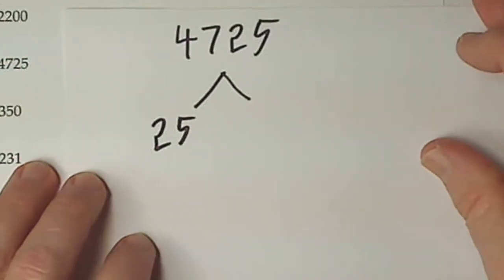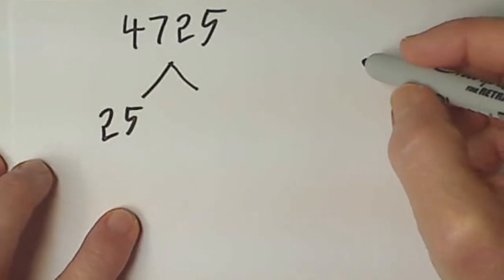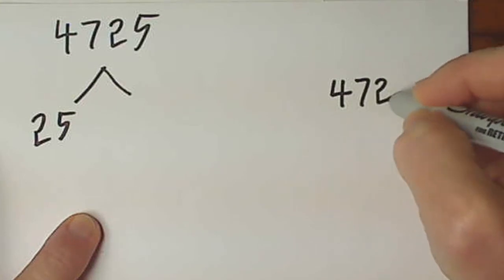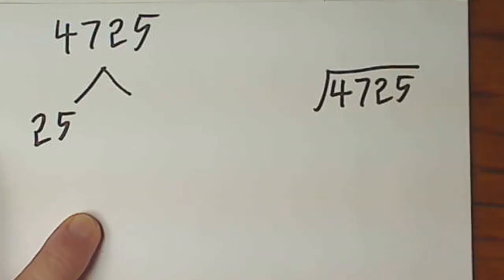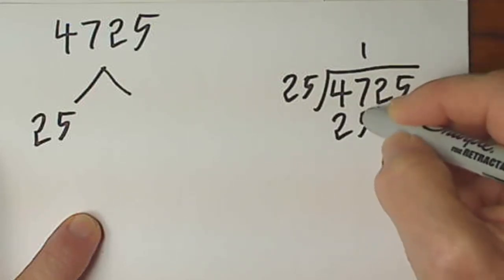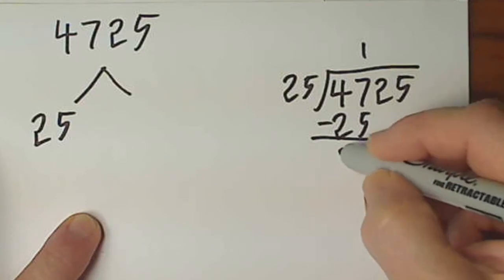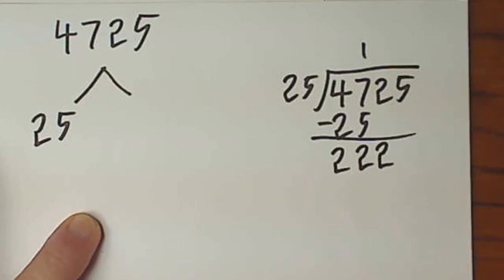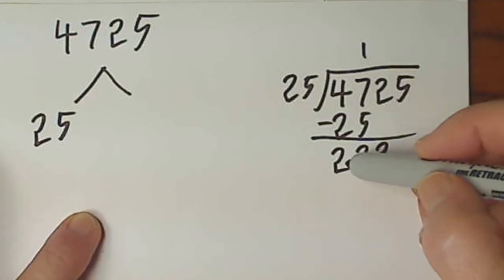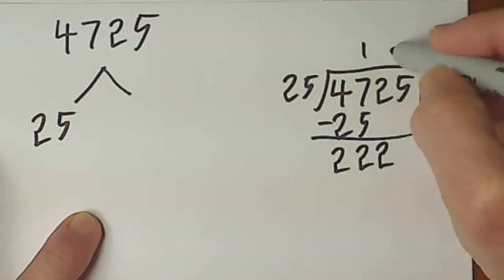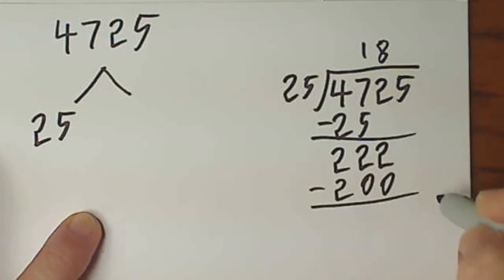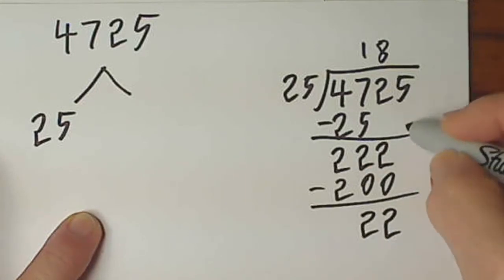Well, and if I don't know what it is off the top of my head, I just do some long division. Let's sneak off to the side here. 4,725. Divide this by 25. Goes once. So 25 goes into 104 times, so it'll go into 208 times. 22 left over, bring down your 5.